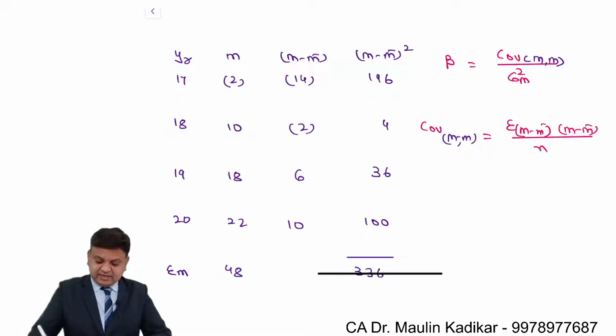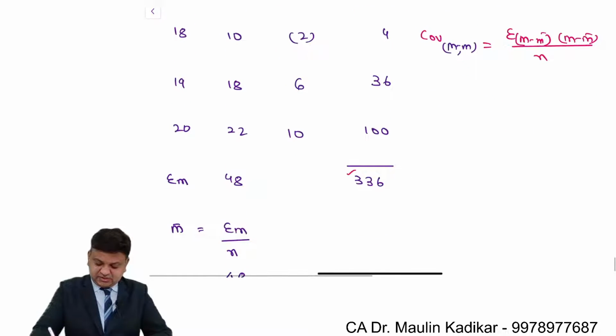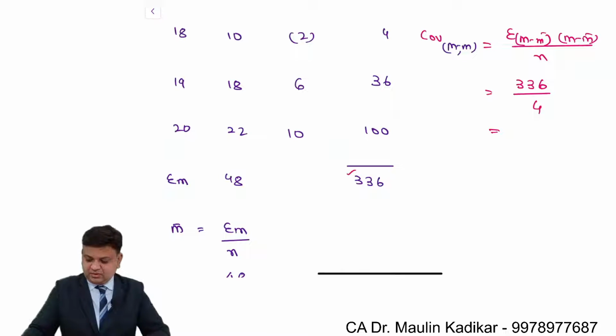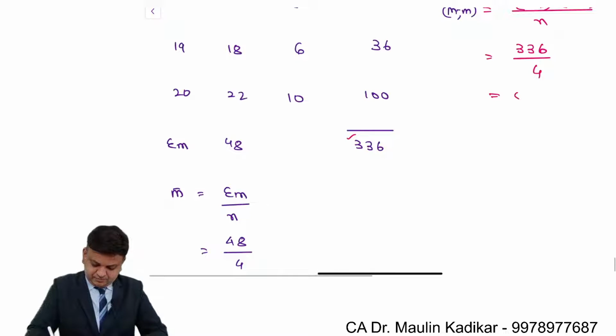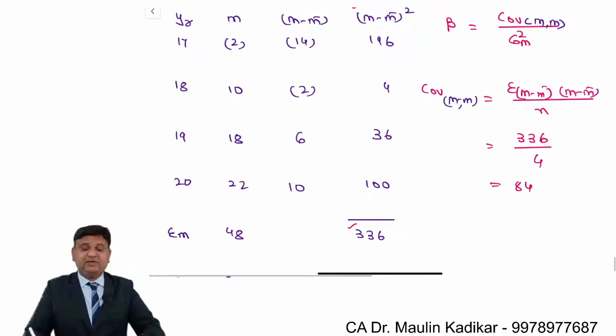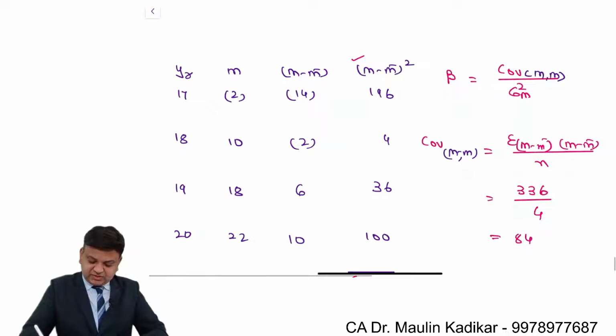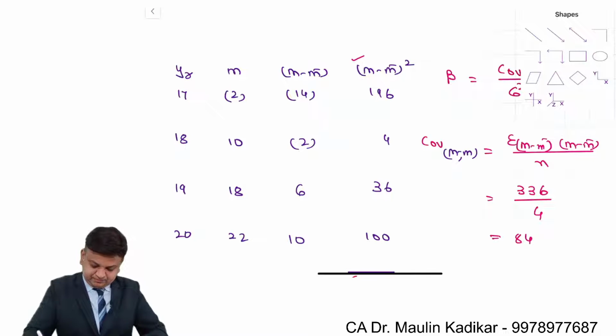M minus M bar into M minus M bar is nothing else but M minus M bar square. That is 336 divided by 4. So 336 divided by 4 comes to 84. This is the way the covariance is calculated, which is 84 over here.